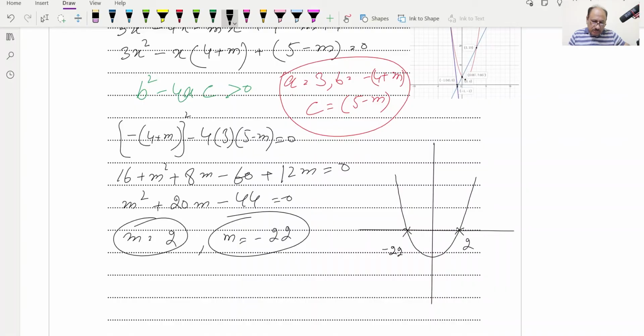These are the two solutions, and the y value should be greater than 0, which means above the x-axis.